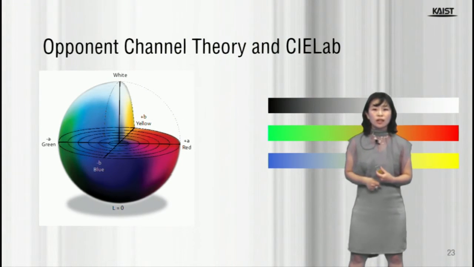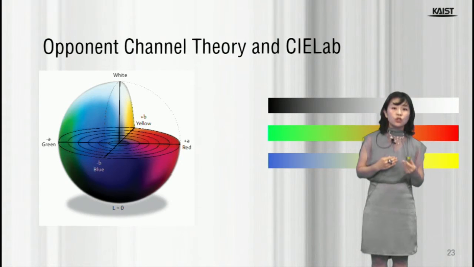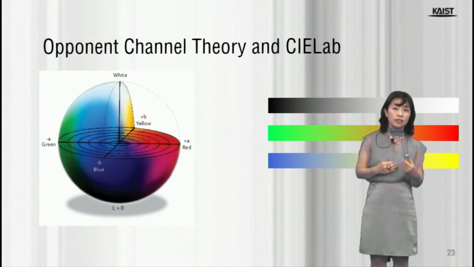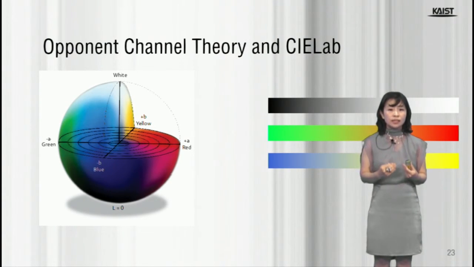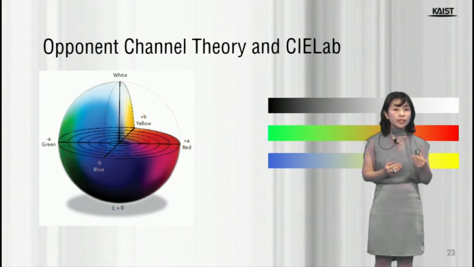Another uniqueness of the CIELAB is that the hue array resembles how the human vision system processes the color signal. The three LAB axes of the CIELAB correspond to the three opponent channels.